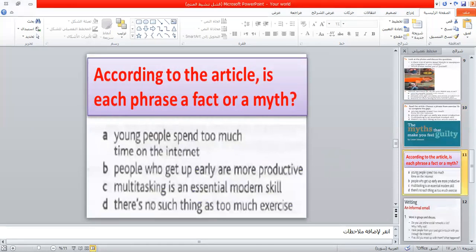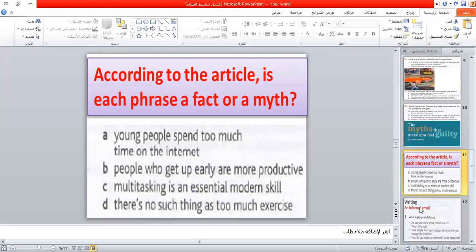In the next slide here, we have a question, which is, according to the article, is each phrase a fact or a myth? Here I will test their understanding about the meaning of fact and the meaning of myth, and whether they have got the idea of a myth and a fact. Of course, after reading and discussing our article.